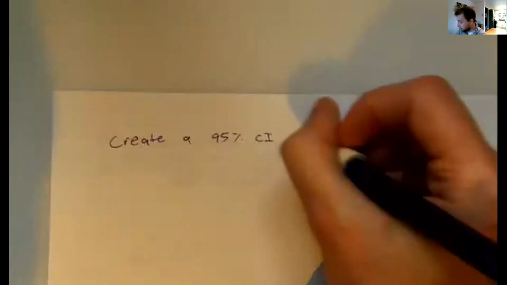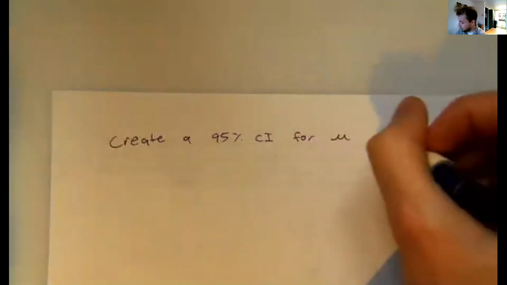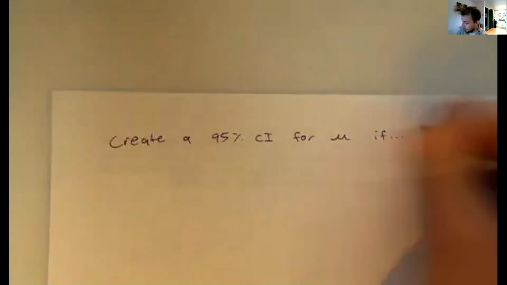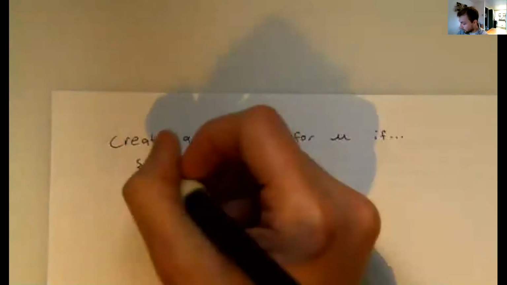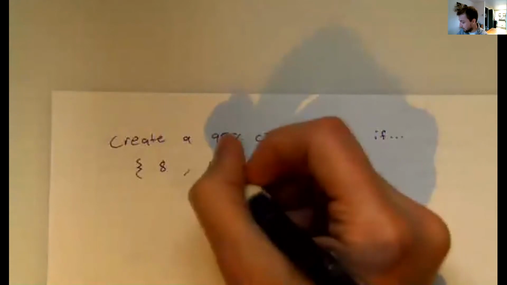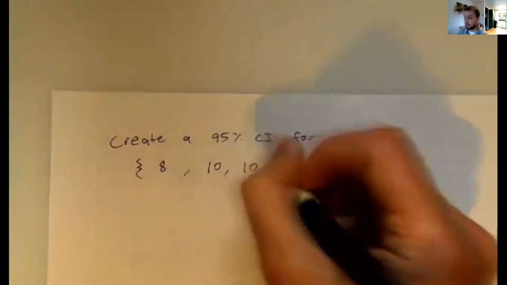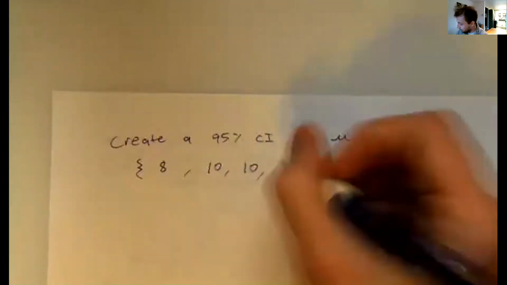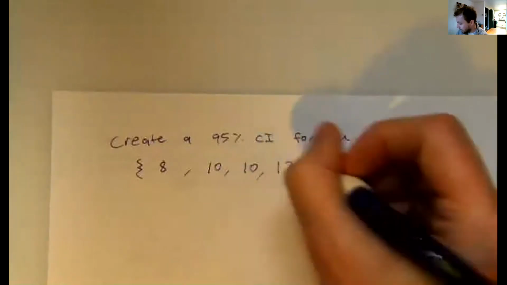So create a 95% confidence interval for the average weight of cats if I have a sample and I weigh some cats and I find one weighs 8 pounds, another cat weighs 10 pounds, another cat weighs 10 pounds, and I have another cat coming in at 12 pounds.